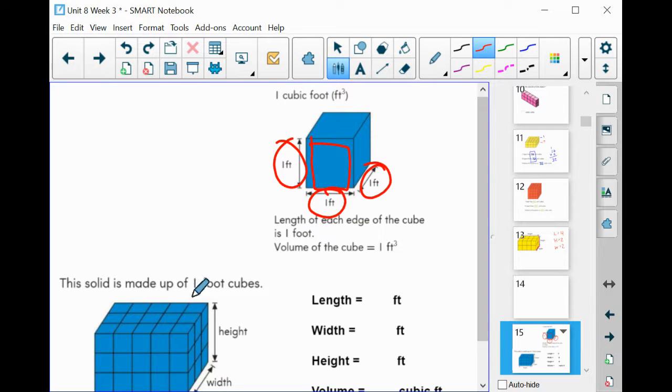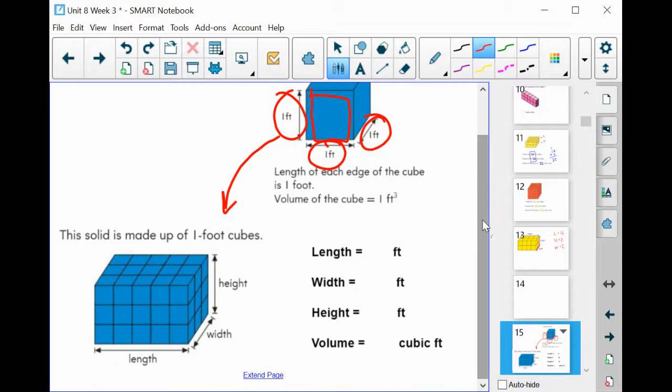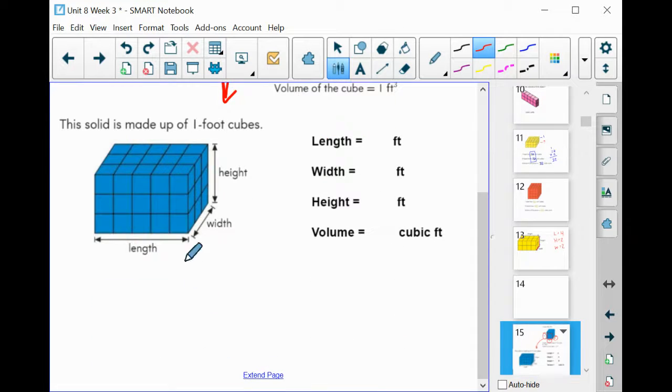So if you were to zoom in on one of these solids, you would have this cube. Okay, so this solid is made up of these. Now let's go ahead and label our length, width, height, and then we'll work to find our volume. Okay, so length, I'm just going to count 1, 2, 3, 4, 5. Width, I'm going to count 1, 2, 3, and height 1, 2, 3.